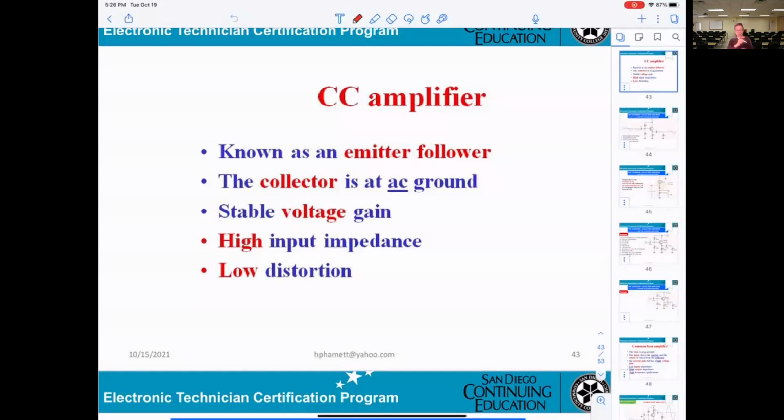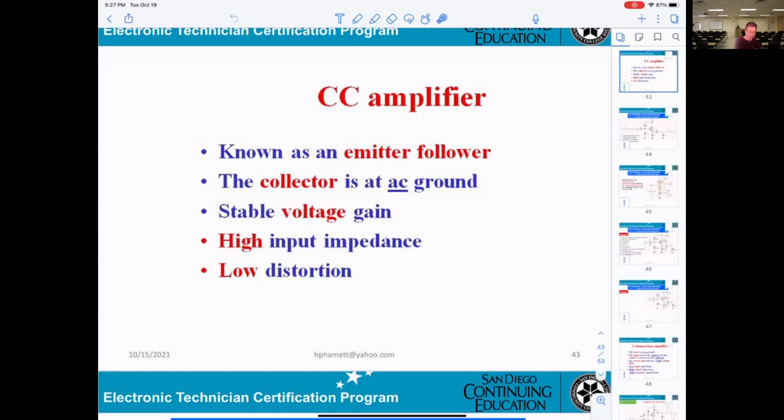Common base, in AC, the base will be grounded. The common collector also goes by a different name, but it is the same: emitter follower. So either emitter follower or common collector, it is the same.